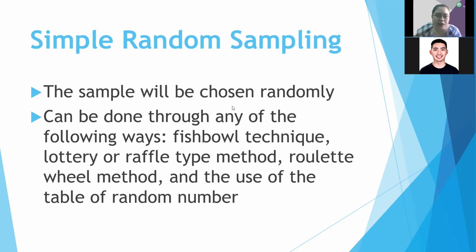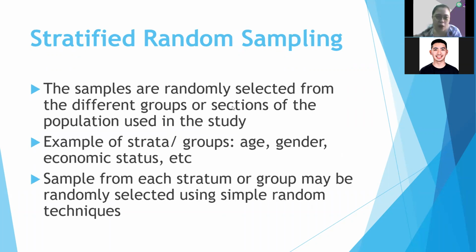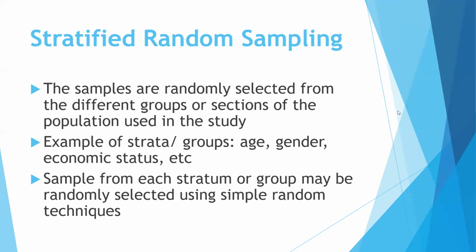Now, another type of probability sampling is the stratified random sampling. Again, I will assume na this is not new sa inyo ha, kasi you have your statistics na subject in your high school. But let us just have a review na lang on how to do the stratified random sampling.